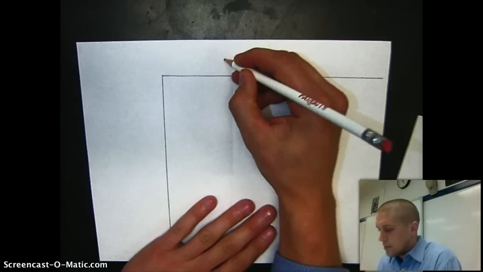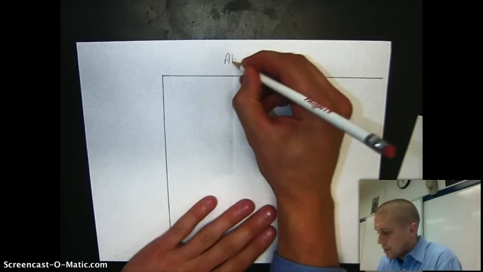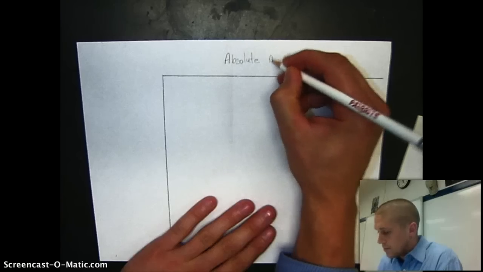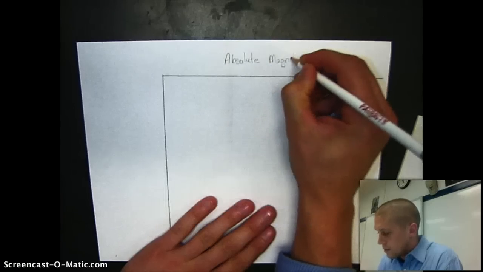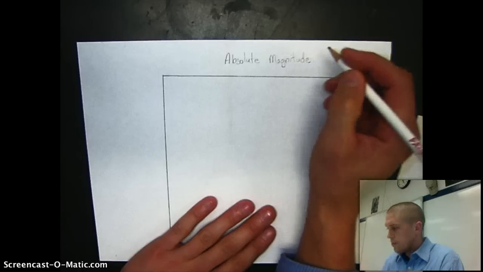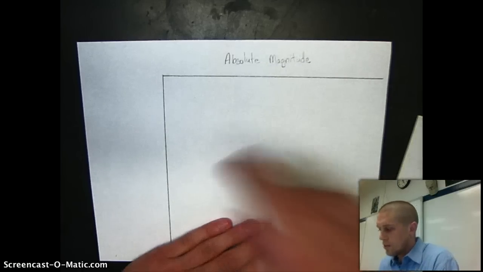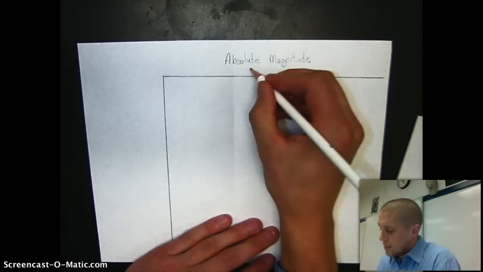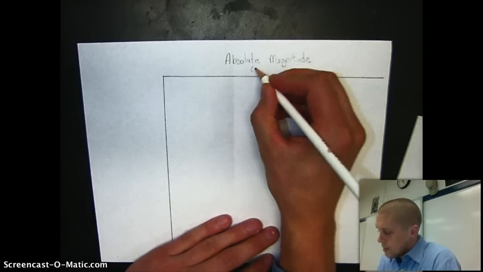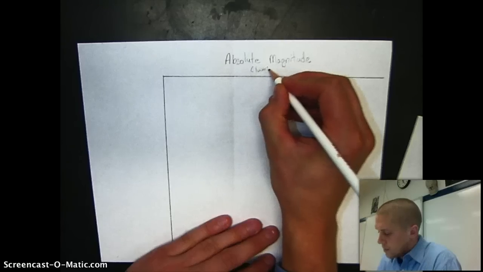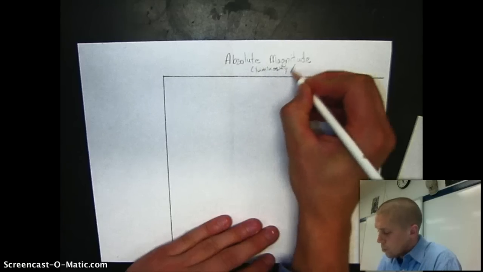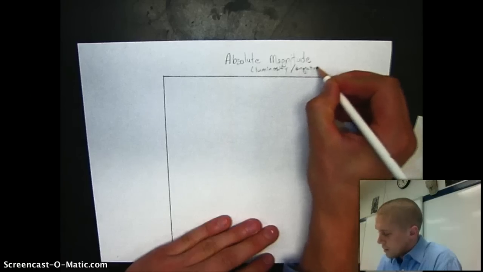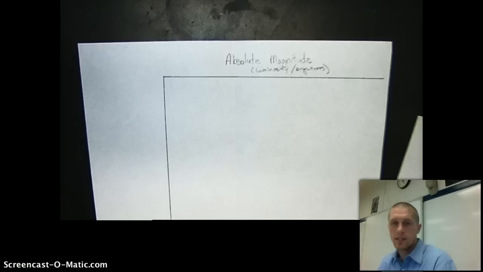So on the left is what is called absolute magnitude. You can put different scales on the side, but essentially absolute magnitude is the luminosity, or the brightness, of a star.